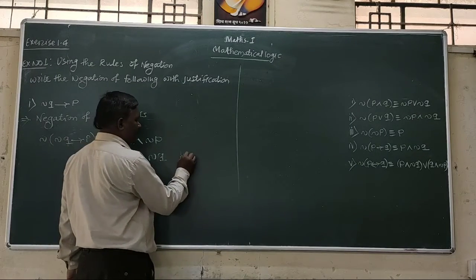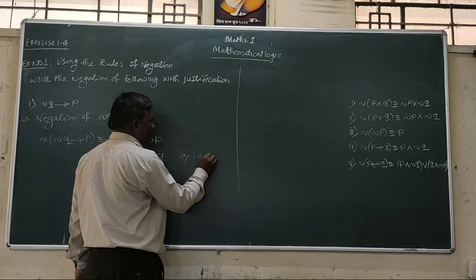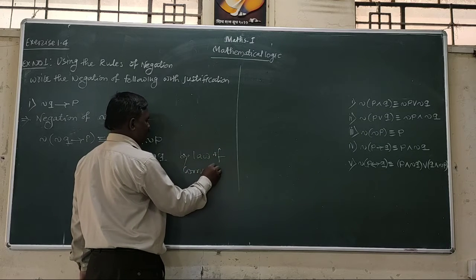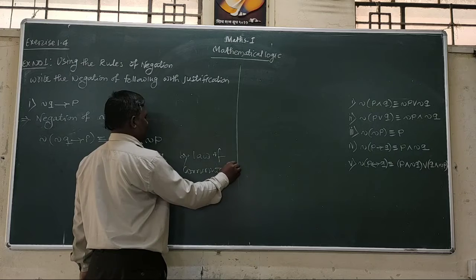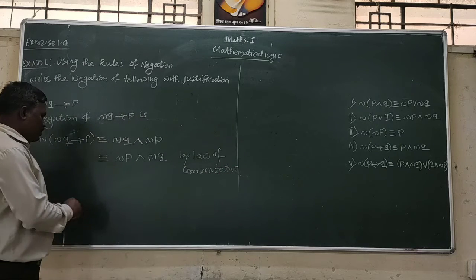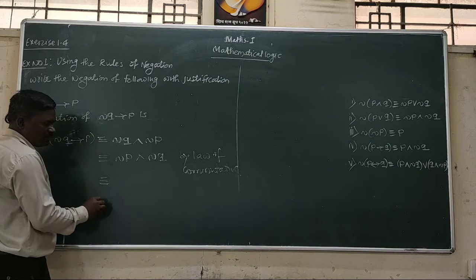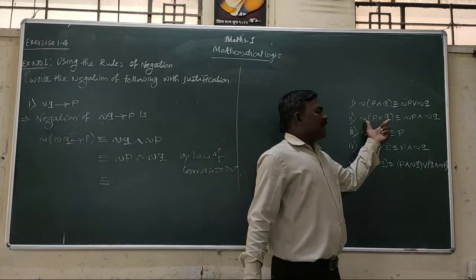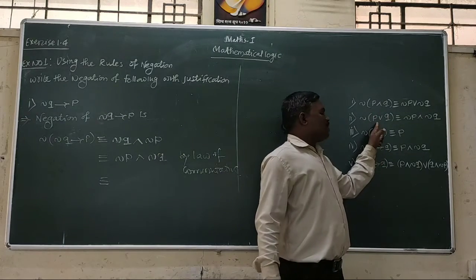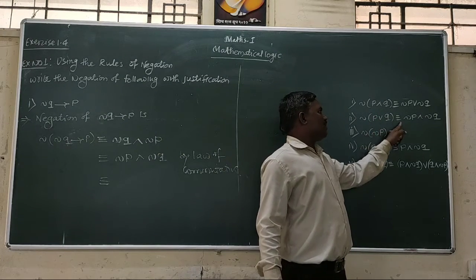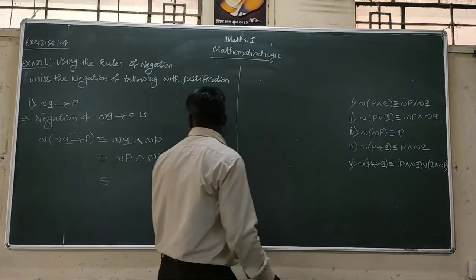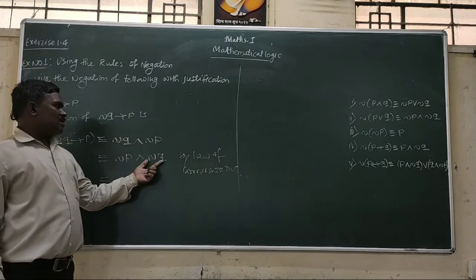which is also equivalent to negation of p conjunction negation of q using the law of commutative, and which is also equivalent to, using the rule of the negation of disjunction, negation of in bracket p disjunction q equivalent to negation of p conjunction negation of q.